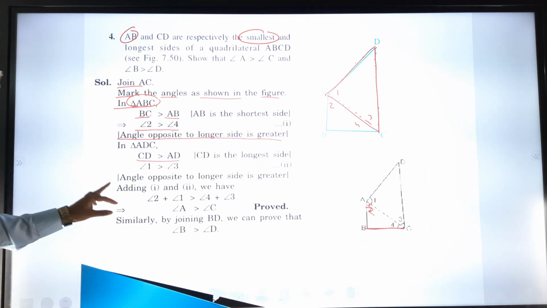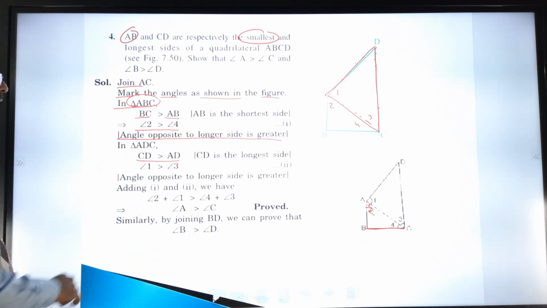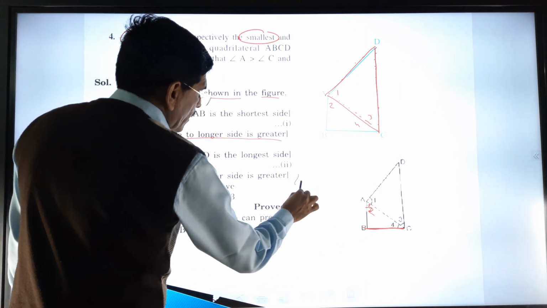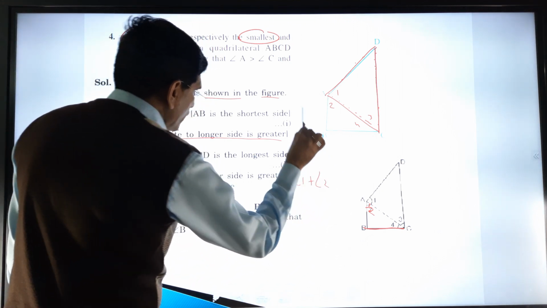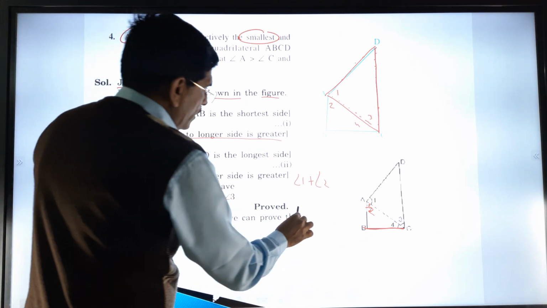Now adding equations 1 and 2. So angle 1 plus angle 2, and angle 3 plus angle 4.